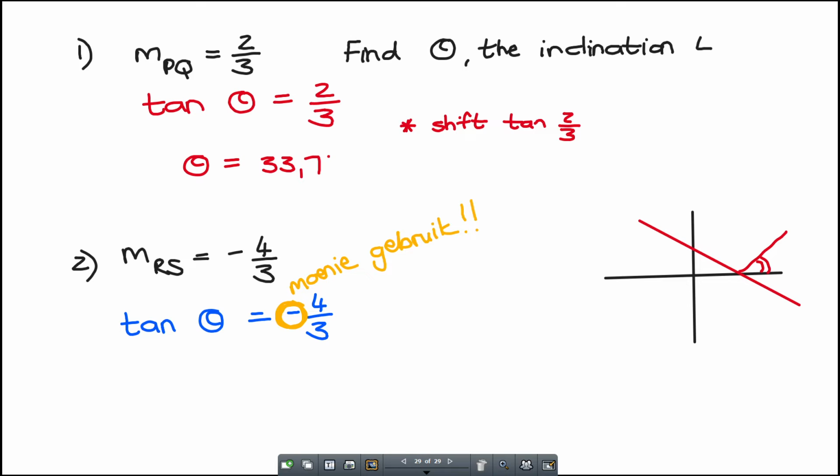So, whenever you see a negative, that must ring a little bell that you must say 180 minus that help angle, wat ons nou het van 53. Want kyk gou na hierdie hoek. Waar is my inklinasiehoek? Hierdie is mos my inklinasiehoek. That's my angle of inclination. Can you see that that is way bigger than 53?